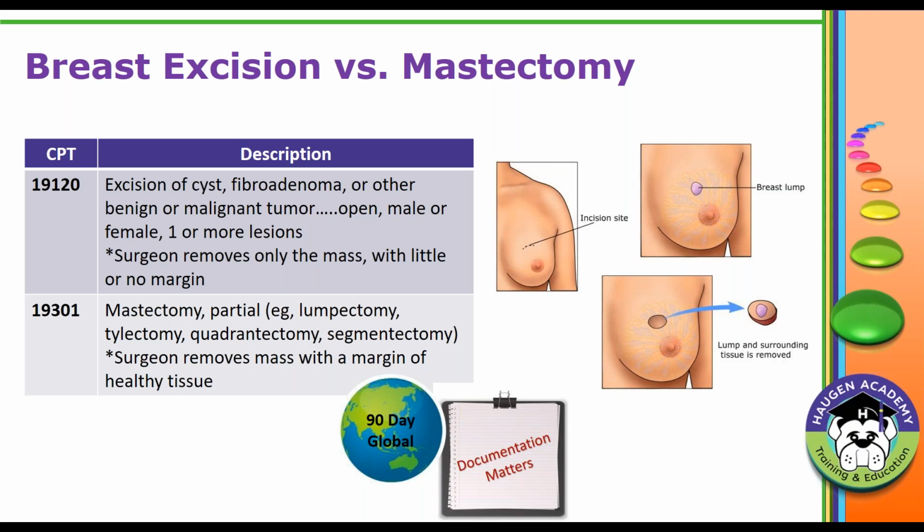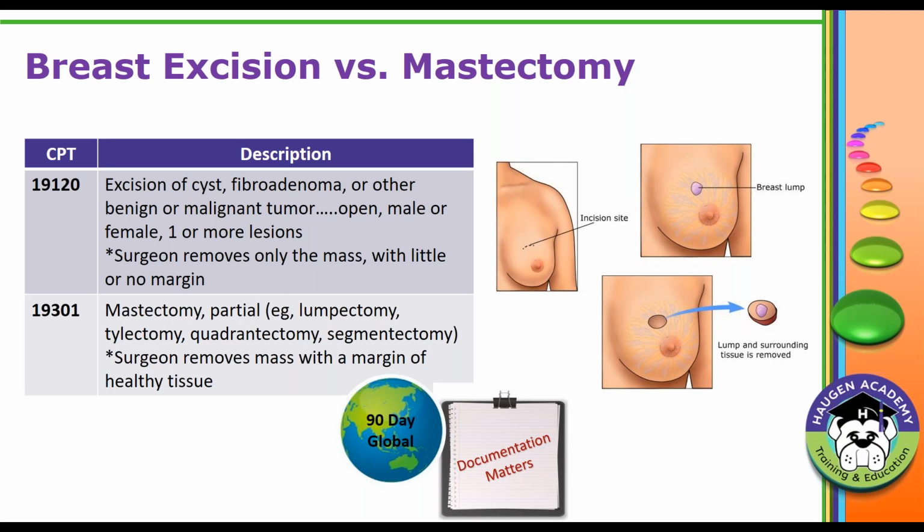19301 is reported when the procedure describes open incision of breast tissue and includes specific attention to adequate surgical margins surrounding the breast mass or lesion. So in that one, they're removing a little bit more tissue. Sometimes the surgeon may excise breast mass like 19120, and then the pathology reveals a malignancy and the patient has to go back to the OR to remove additional tissue.